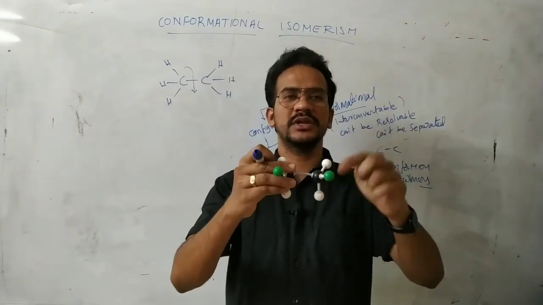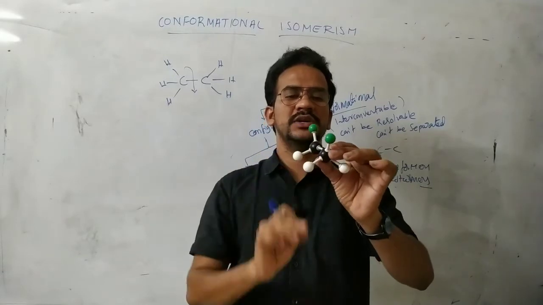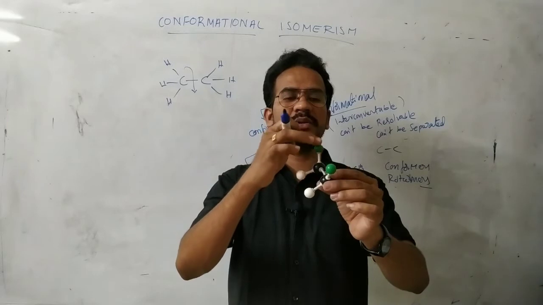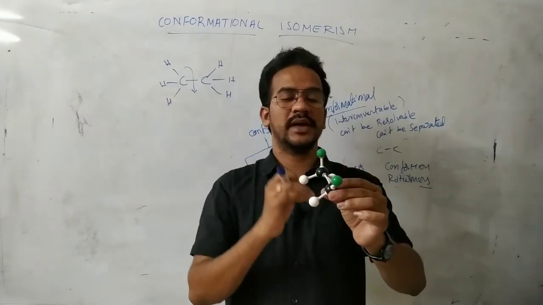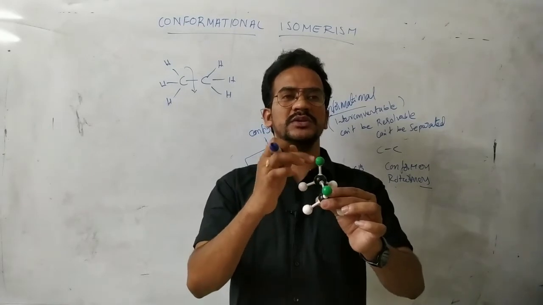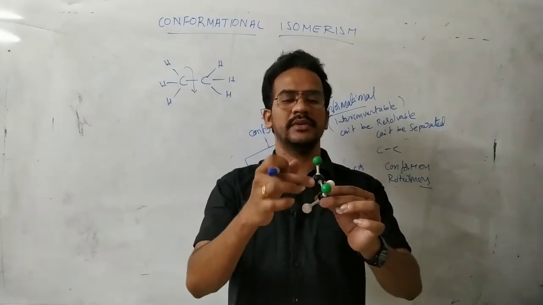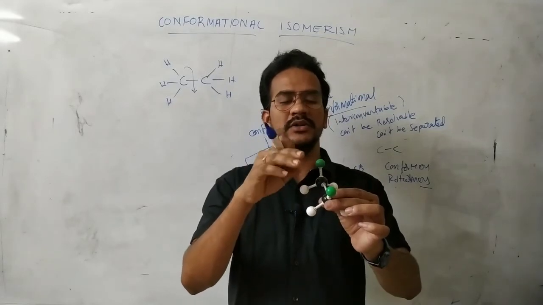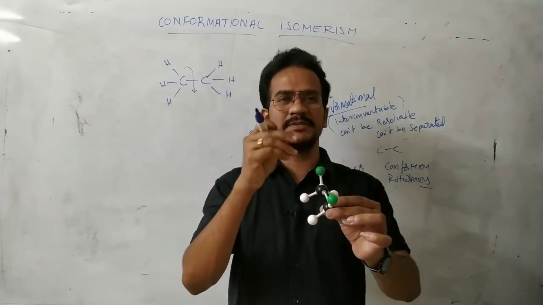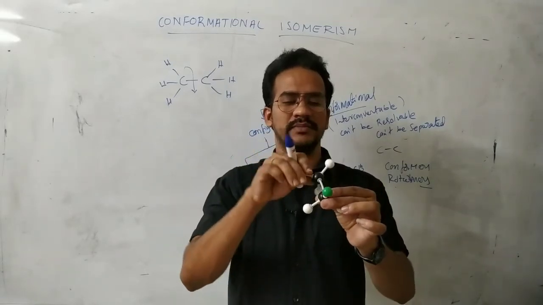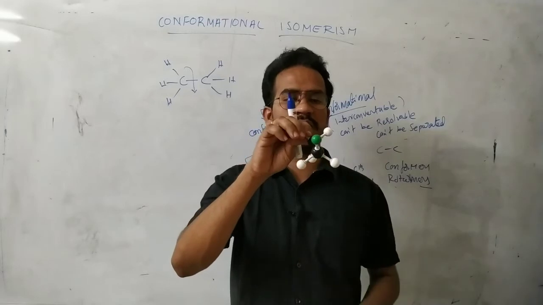There are 3 hydrogens on each carbon. In this spatial arrangement, the CH bonds are in the same line, so the hydrogen atoms are eclipsed.